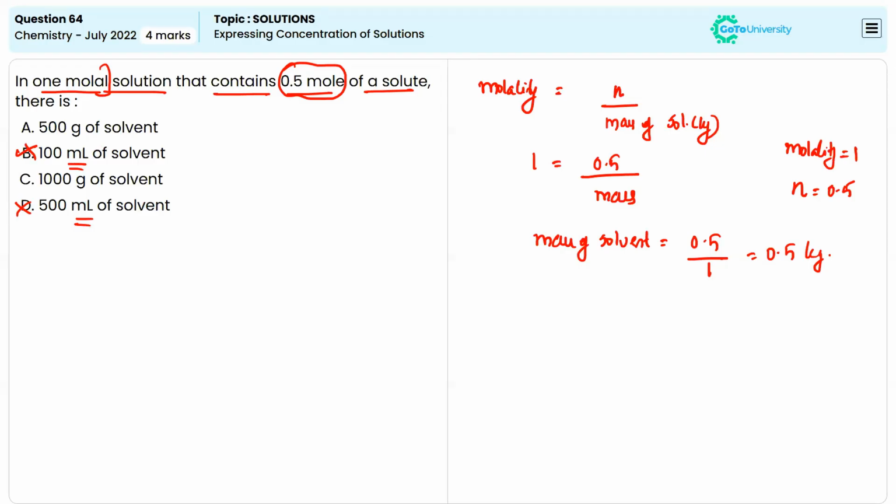So we can omit options B and D. Now our target is options A and C, which are in grams. If you convert 0.5 kilogram into grams, it will be 500 grams, right? So the correct answer is option A. C is wrong because C is given as 1000 grams. So the correct answer is A, 500 grams of solvent. B, C and D are wrong.